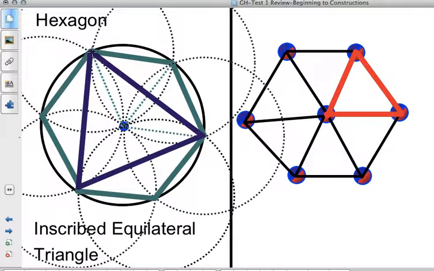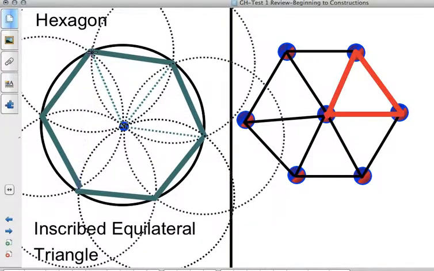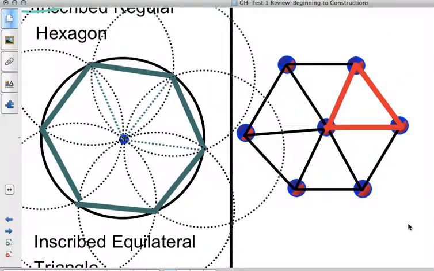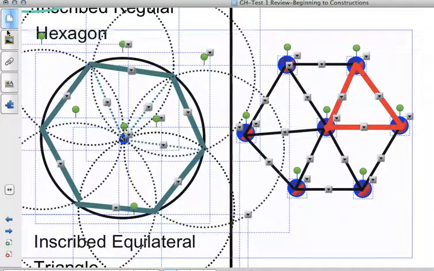You can actually extract the equilateral triangle out of it, which is what I'm going to do in the space below. So it's the same exact reasoning as this. In fact, I'm going to take this whole thing and just copy paste it.